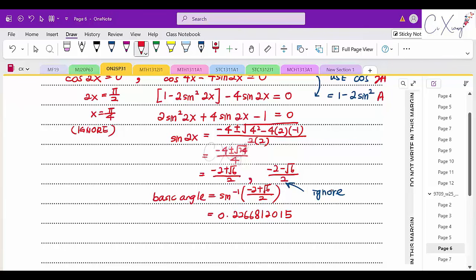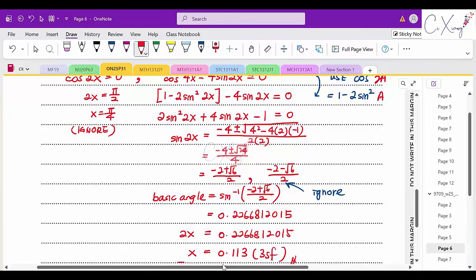We are looking for the answer with sine positive, so it should be in the first quadrant. So my answer in the first quadrant is the basic angle, 0.22668. Then you have to divide by 2 and round to 3 significant figures. So by right, your x should be equal to 0.113, correct to 3 significant figures.